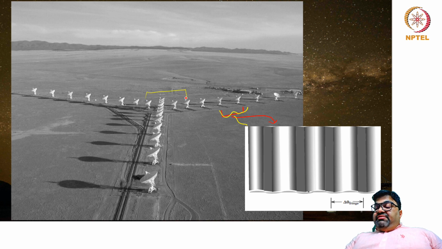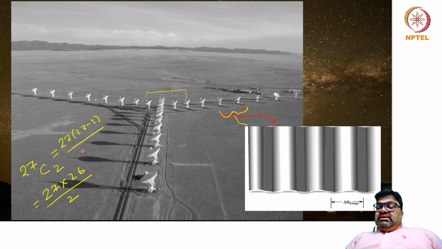So for the VLA, we have 27 antennas. Any two can give rise to one fringe. So 27 will give rise to how many? That is 27 into 26 divided by 2. How did we do that? That is 27 into (27 minus 1) divided by 2. How much does this come to?